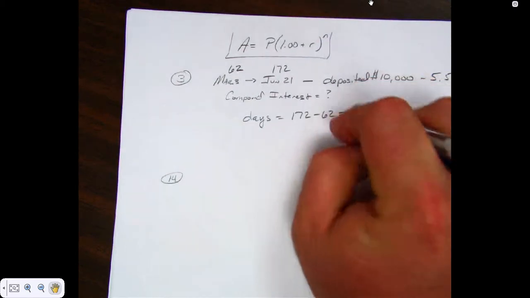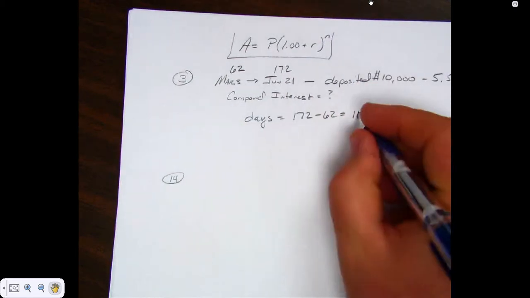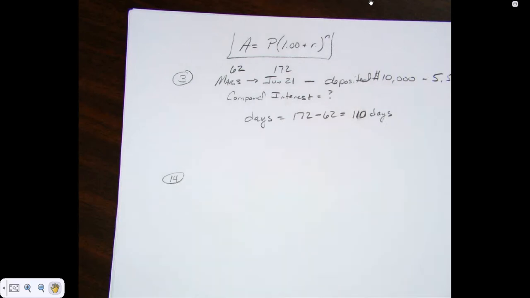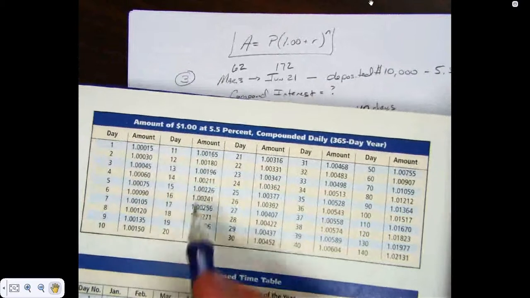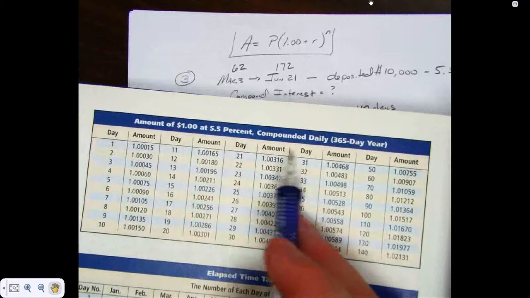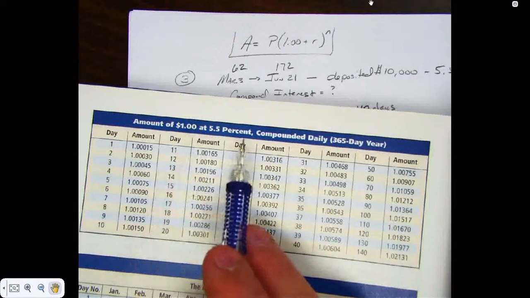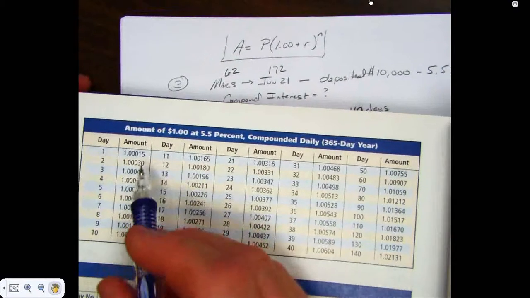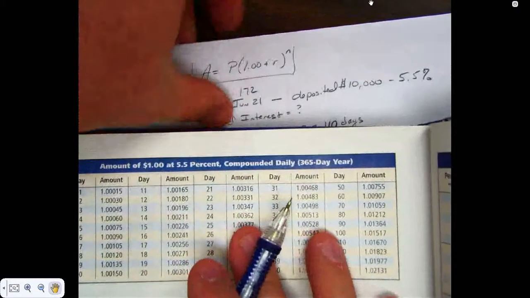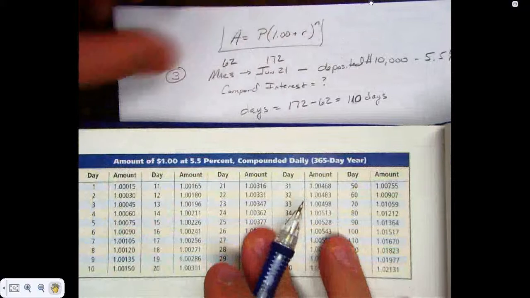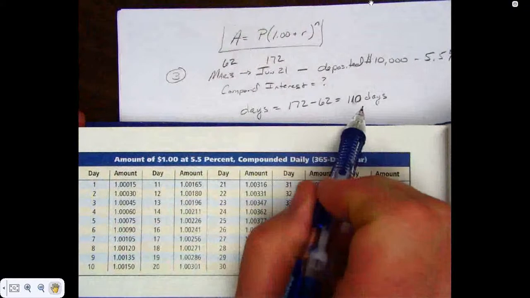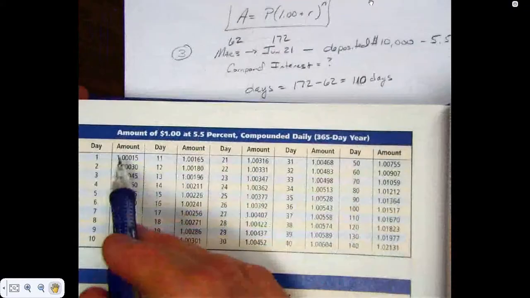Now they want us to find the interest. We've got to use the table here that, if you'll notice, is at 5.5% interest compounded daily for 365 days a year, amount for $1. How many days are we doing here? 110 days.